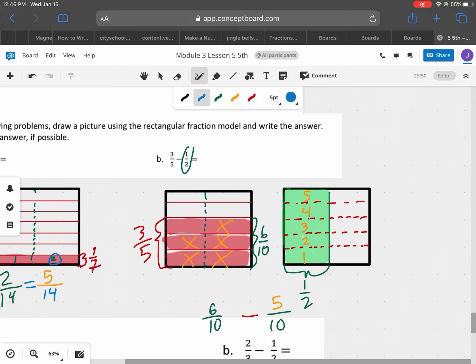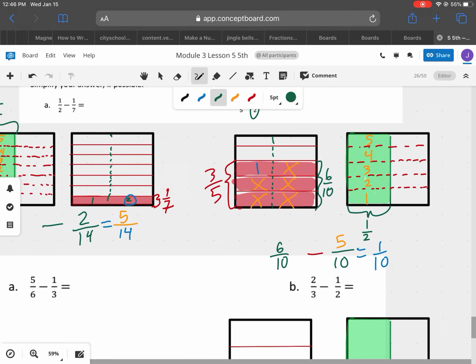And that's going to leave me with 1/10. All right. So I'm crossing out only on the left one. The left one is my larger fraction. 3/5 is larger than a half. Half of 5 would be 2.5, so it would be 2.5 over 5. You don't do that normally, but that's the idea. So we know that it's larger. It's not larger by that much. All right, so we're left with 1/10 there.